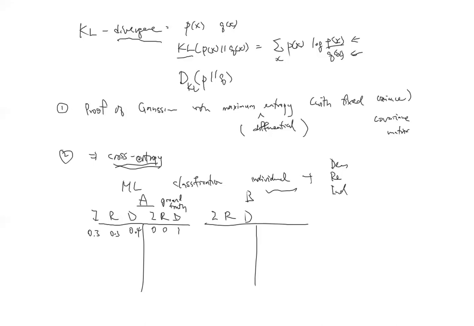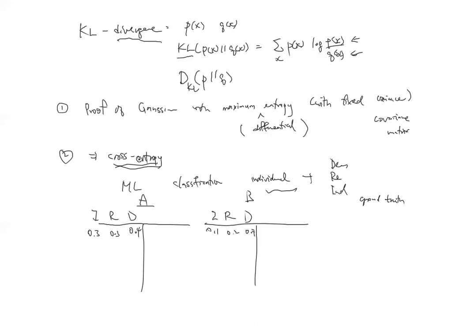And then maybe for classifier B, I have 0.1, 0.2, and 0.7. Maybe I should put the ground truth in just one place here.